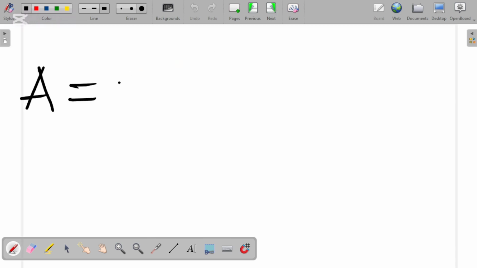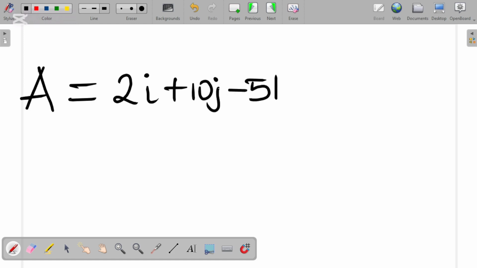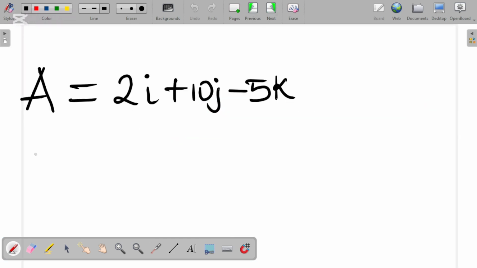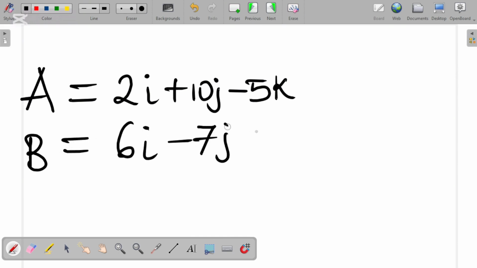Vector B is equal to 6i minus 7j plus 3k.